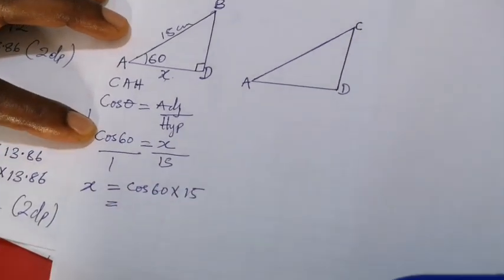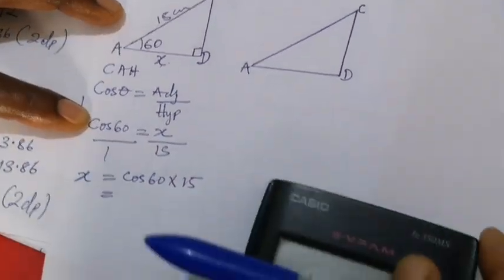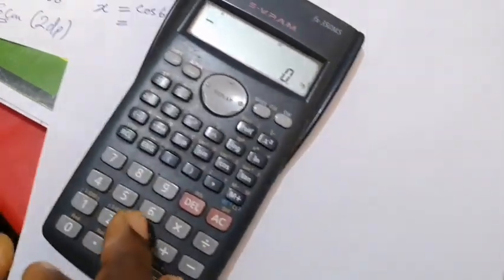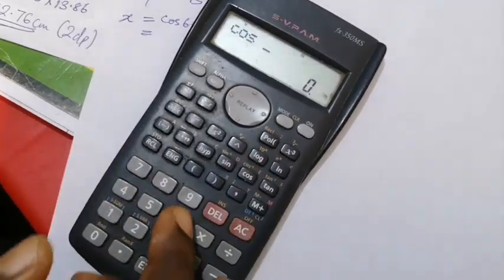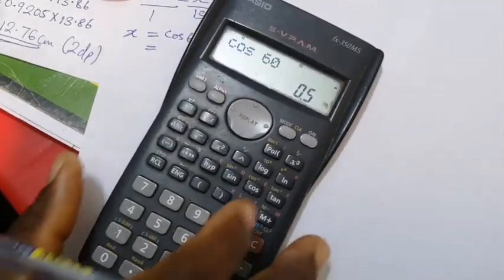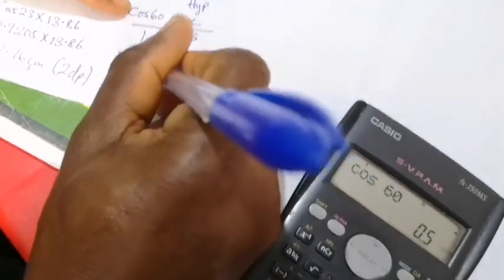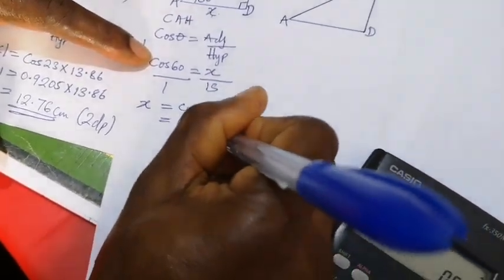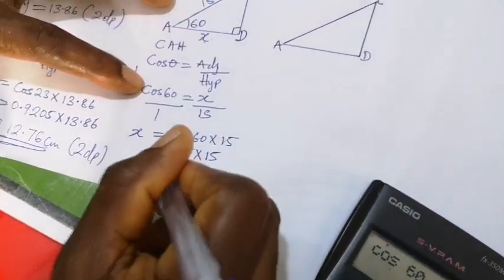Okay, so let's look for the value of cos 60. So cos 60 is 0.5. So we have 0.5 here, times 15.